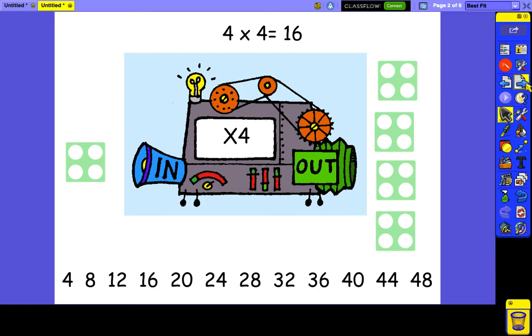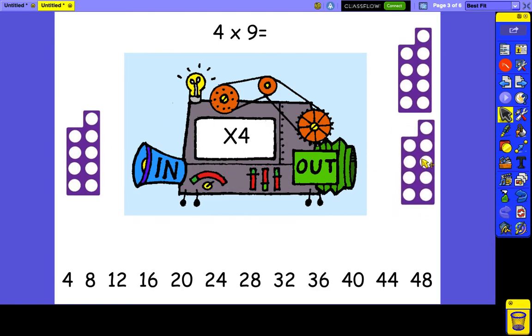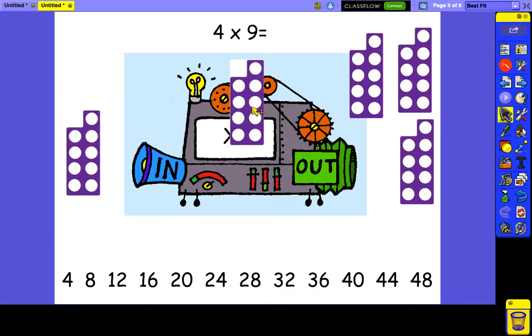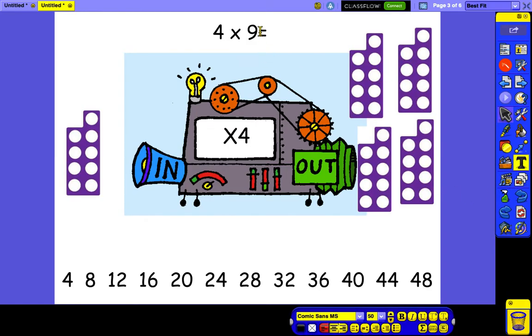Our next function machine, and our last one, we have the number 9. 9 goes into the function machine. It is multiplied by 4, and at the end of it, we don't have one set of 9, we have 4 sets of 9. 9 has got 4 times bigger. And again, you could do an addition sum, 9 add 9 add 9 add 9, but that's quite long. So we're going to do a multiplication sum. 4 times 9, that's 36.